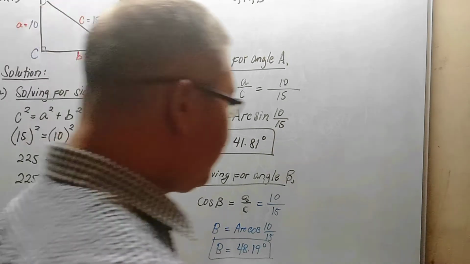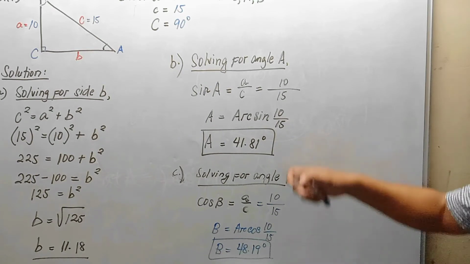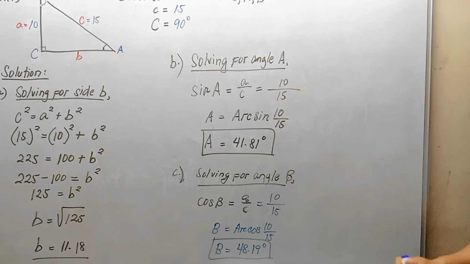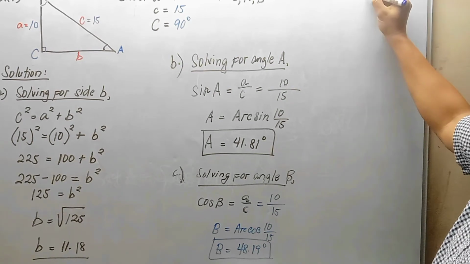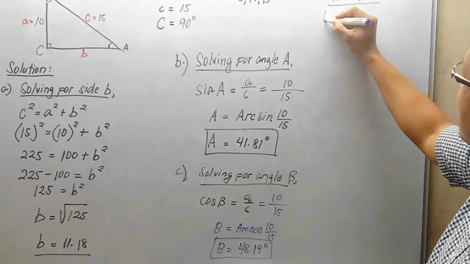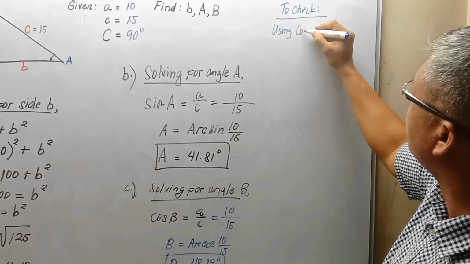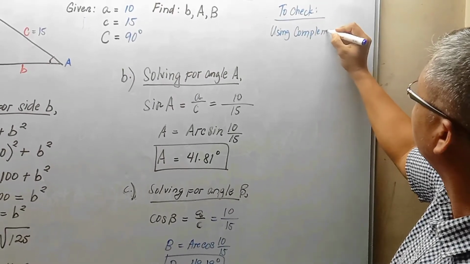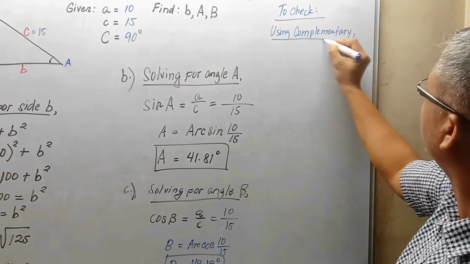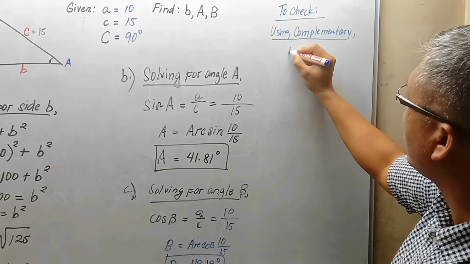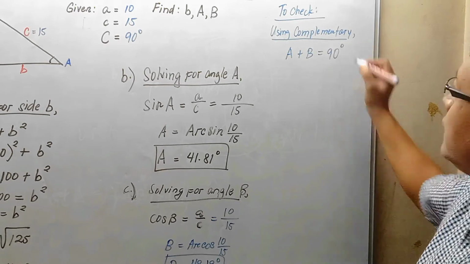Now we can check this, guys, whether our answer is correct, whether angle B and angle A are correct. So to check, using complementary angles, A plus B is equal to 90 degrees.